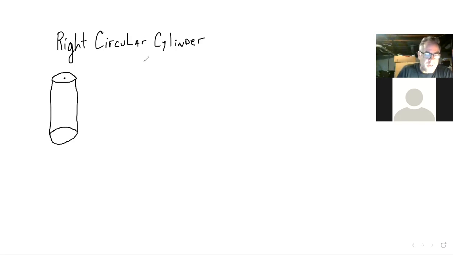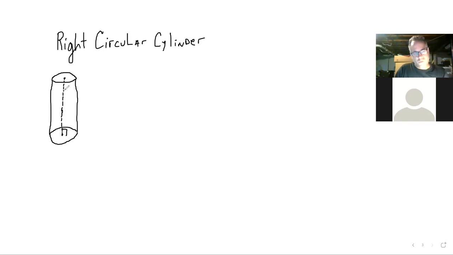And what makes it right, that term right, think right angle. If I drop perpendicularly down to the center here, and hit the center here, this line is at a right angle.